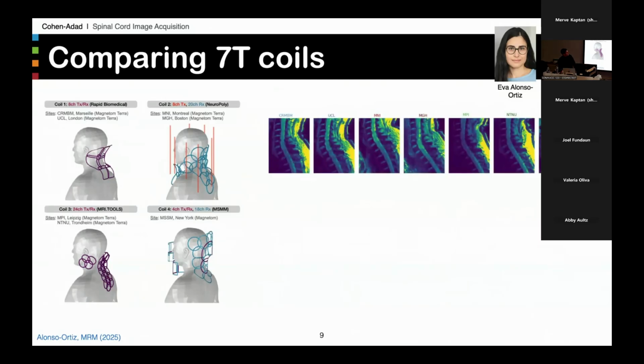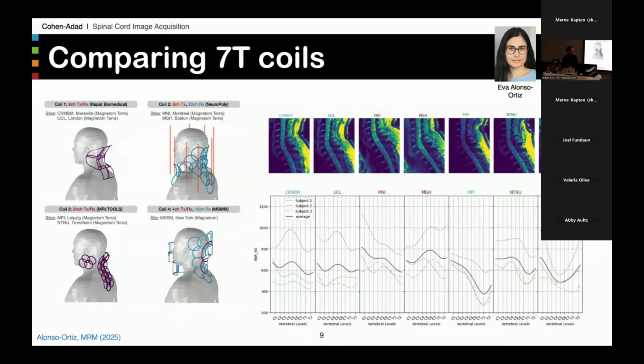And so we basically created protocols, making sure that the versions of the scanner were compatible with the protocol. So that was a bit of a pain to set up, but eventually we did, and so we got this paper describing transmit field, but also receive sensitivity across 4 different coil designs.